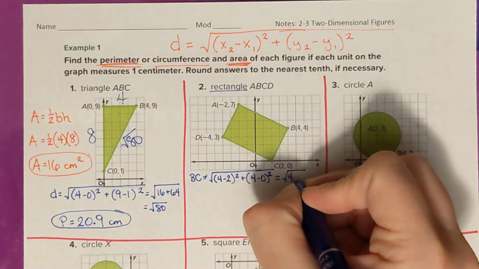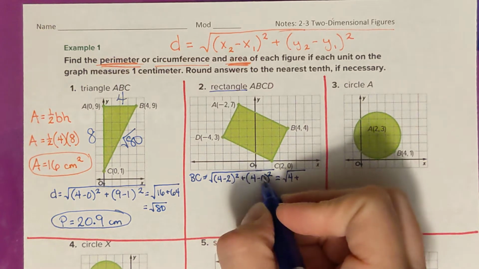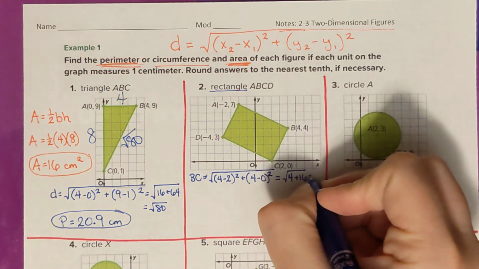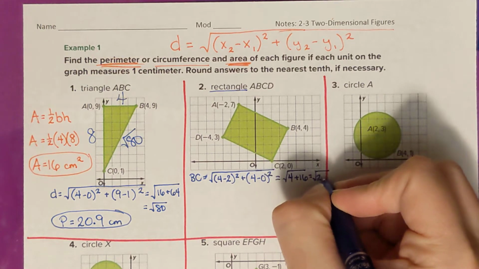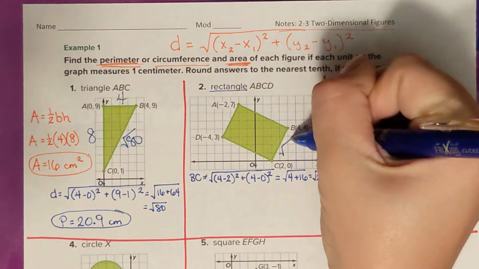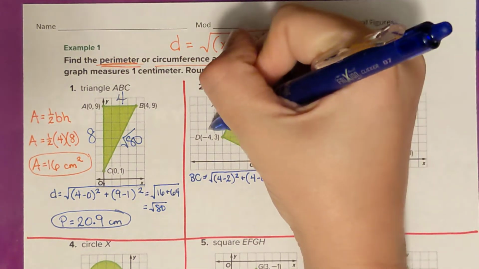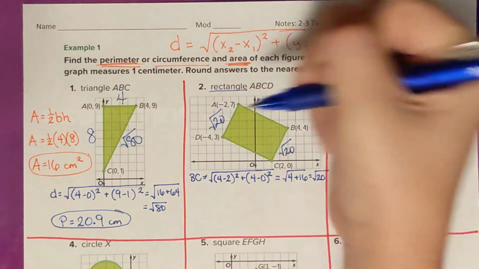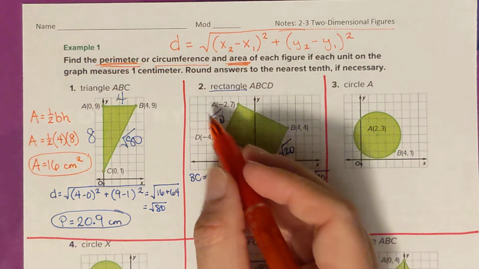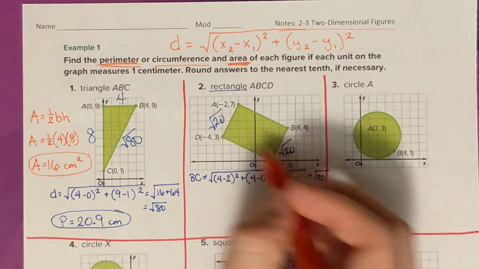So the square root of 4 plus 4 minus 0 is 4. 4 squared is 16, so 16 plus 4, you should get the square root of 20. So that's BC. So that's going to be this guy and that guy. Okay, now we're going to repeat for those longer sides on the top and bottom.